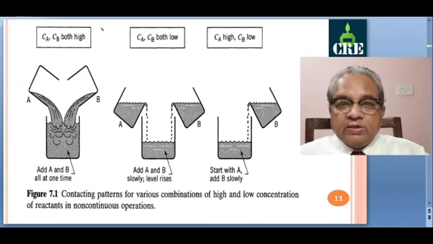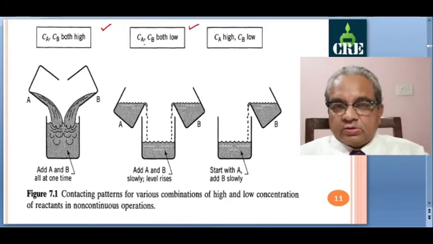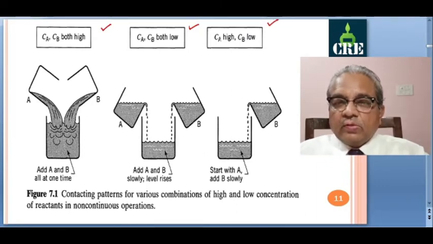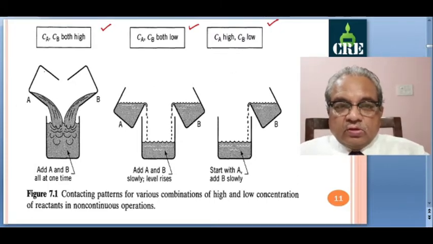Here Ca and Cb are both high, required to be kept high as per the overall reaction scheme and rate laws. If you want to keep both low, or one higher, Ca is higher and Cb is lower, or it can be the other way around. That means Ca is lower and Cb is higher, so you have to reverse this.